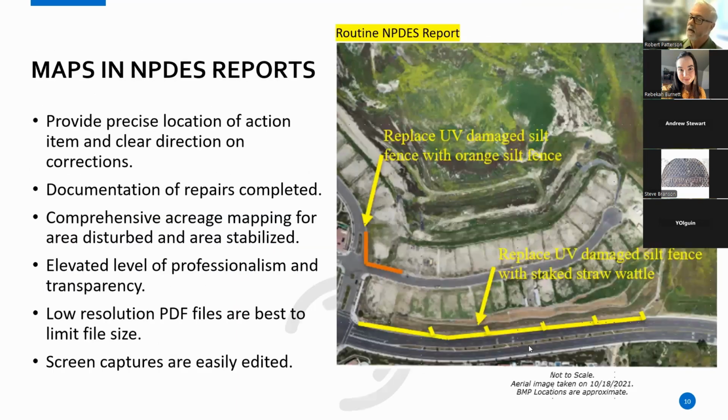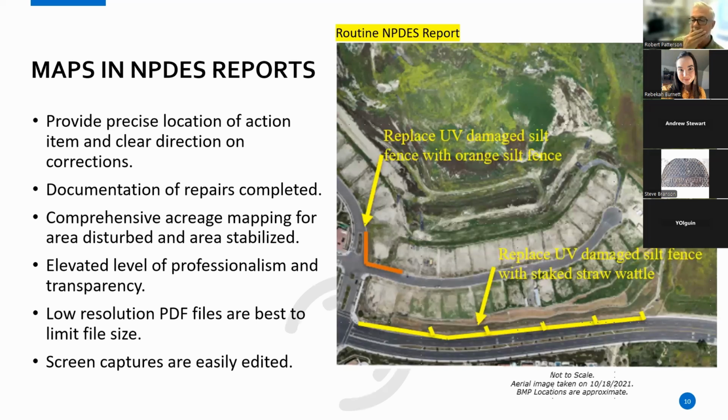So this is a routine NPDES report that I've done recently, where simply I have my drone image, do a screen capture, throw some lines into it, and you can say specifically what you need to do, where it needs to be at, and this can go directly to your erosion and sediment control provider.